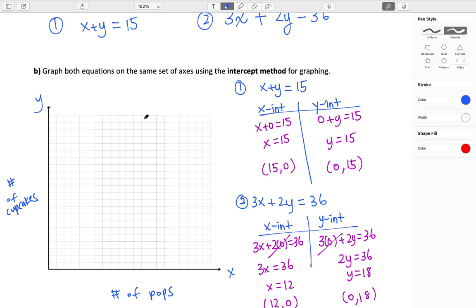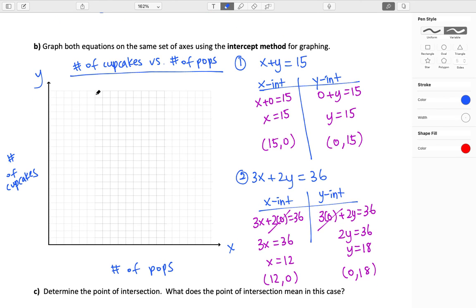And then for title, number of cupcakes versus number of pops. Underline. Now to figure out the units, I'm going to look at my x value. It looks like my x value is going from 15 and 12.